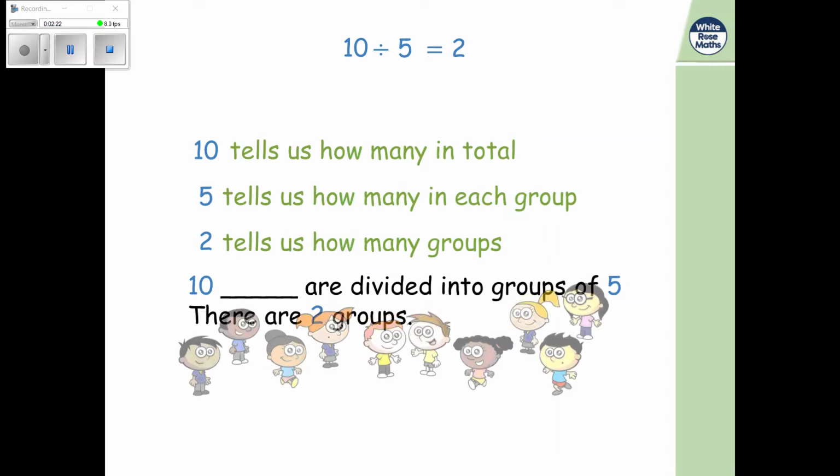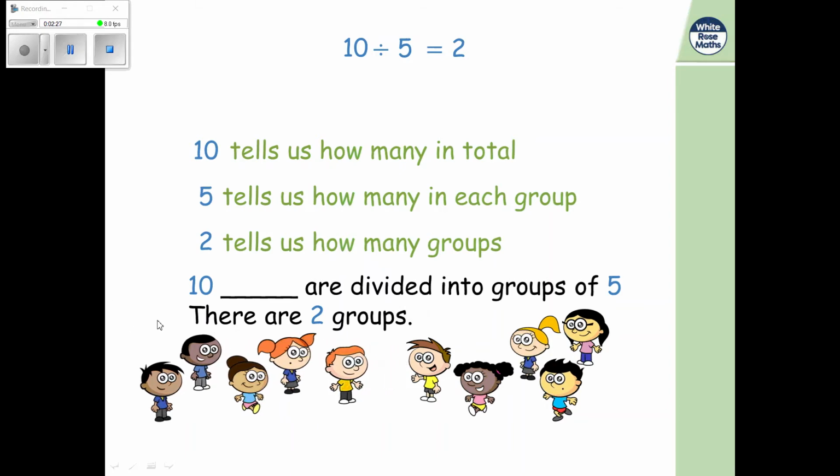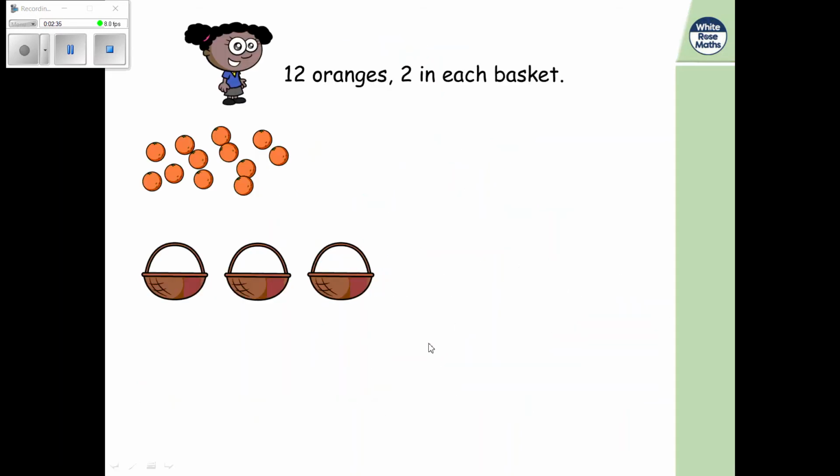There are 2 groups. So here are the children. They've then split their children into 5, and then there's now 1 group and 2 groups of 5 children in each. And last one, have a little thing here. So 12 oranges, they need 2 in each basket.